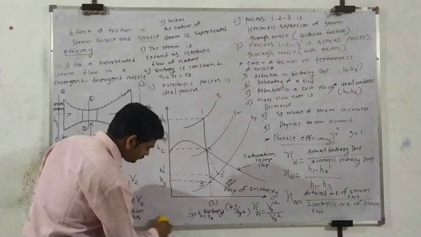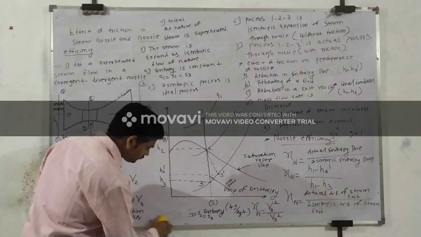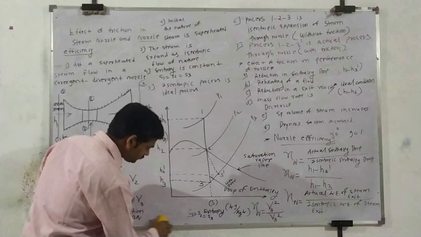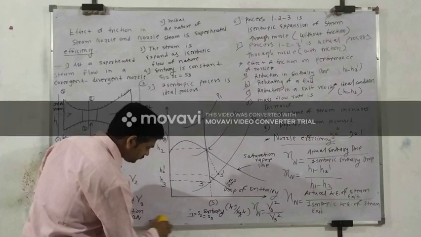So this coefficient of discharge is defined as a ratio of actual mass flow rate of steam upon isentropic mass flow rate of steam.